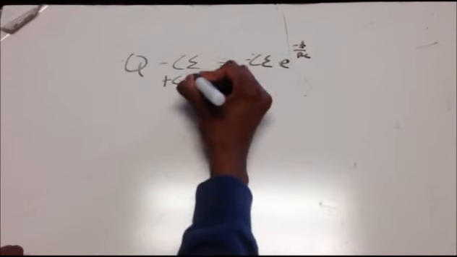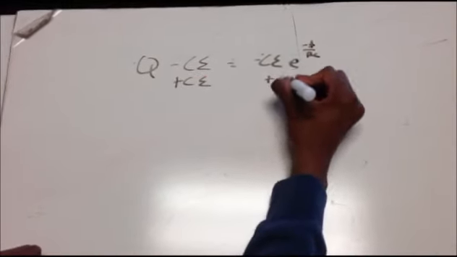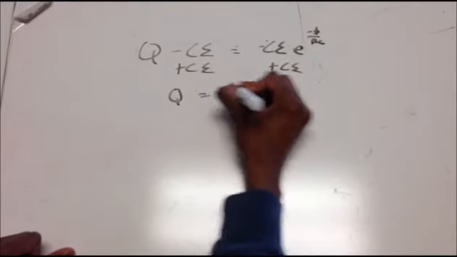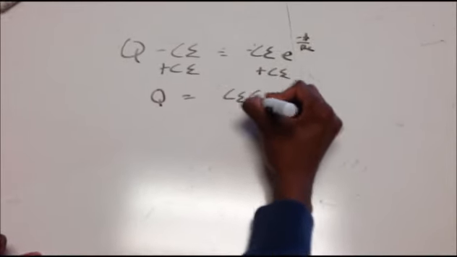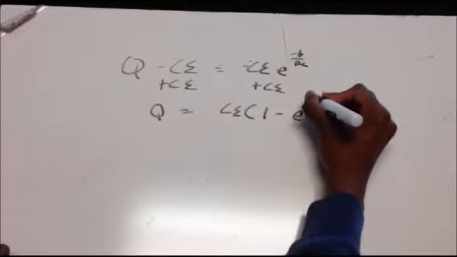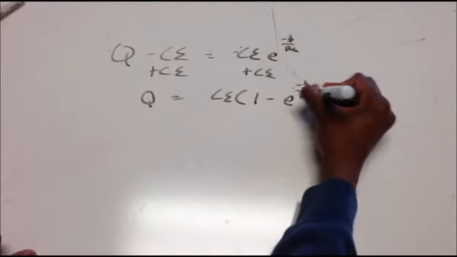Then we add CE to both sides, and we end up with Q equals CE times (1 minus e to the negative t over RC).